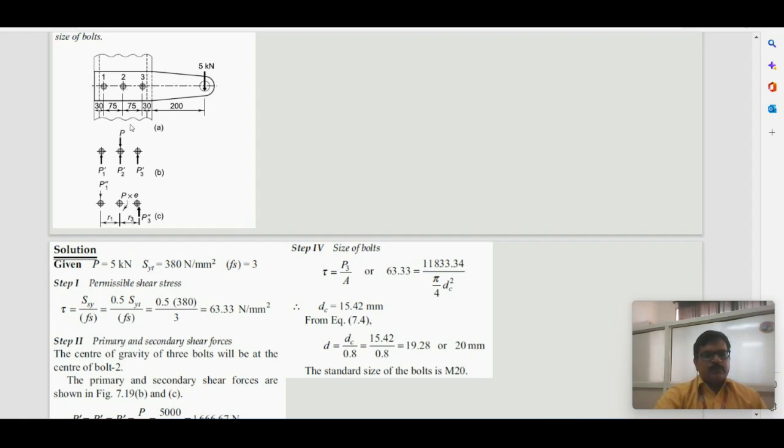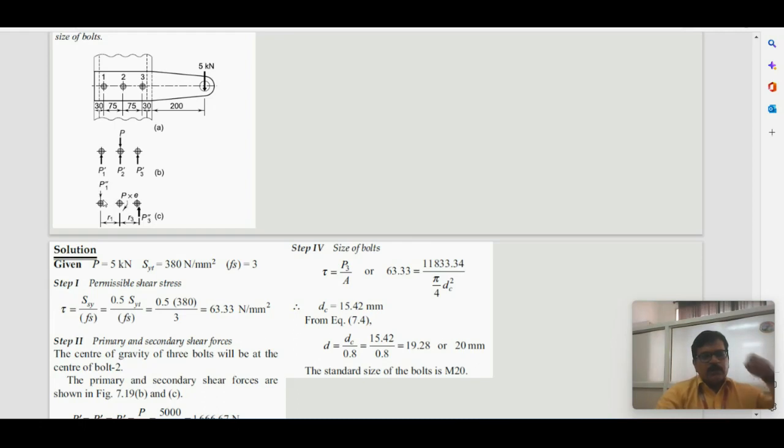The 5 kilonewton load acts eccentrically towards the right, which causes a clockwise moment. The clockwise moment induces a downward secondary shear on the third bolt and an upward secondary shear on bolt one.